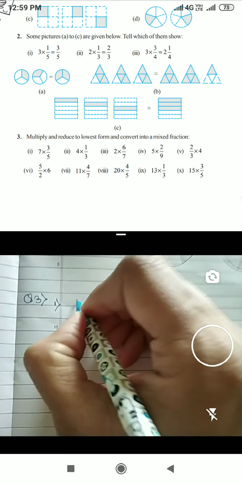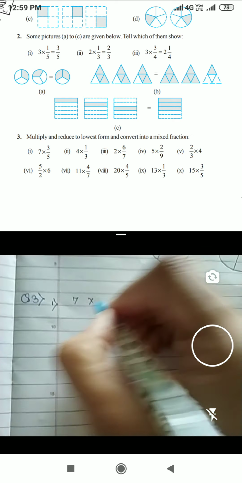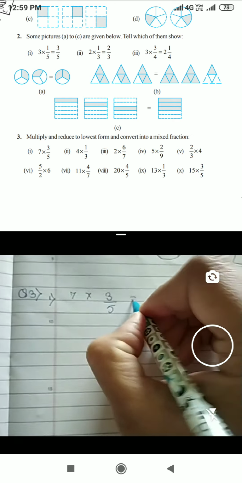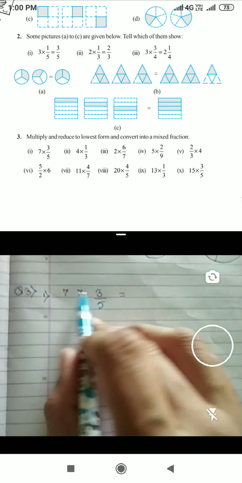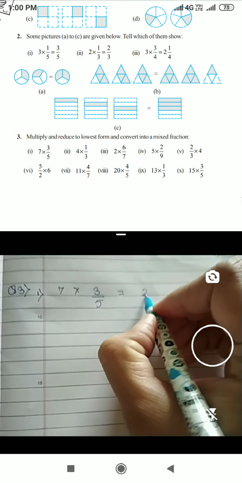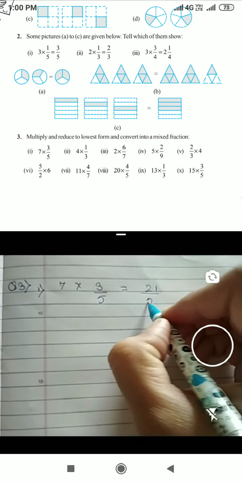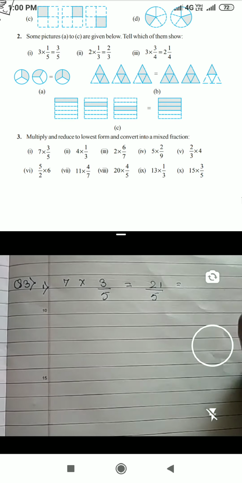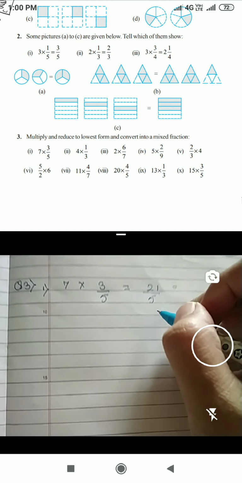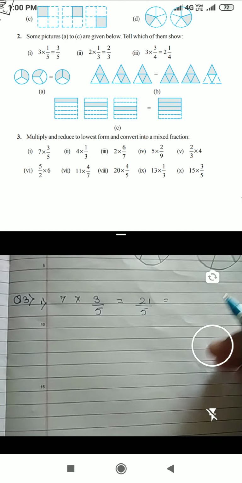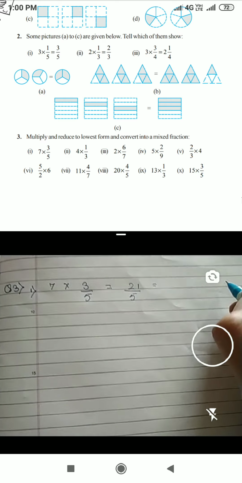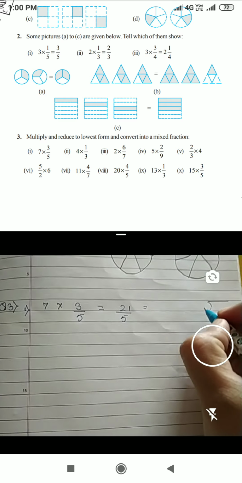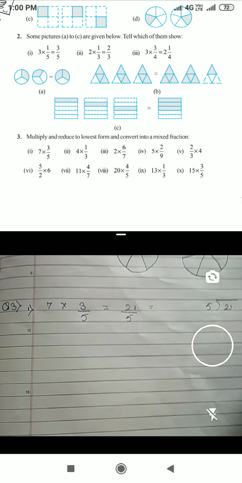First one. 7 into 3 upon 5. Directly multiply. 7 3s are 21 upon 5. Now we have multiplied. Now he is telling us to reduce it. If we can directly reduce, we will reduce. If not, we will write it into mixed fraction. To write into the mixed fraction, you have to do this division in the rough column. Okay. Now 21 divided by 5.